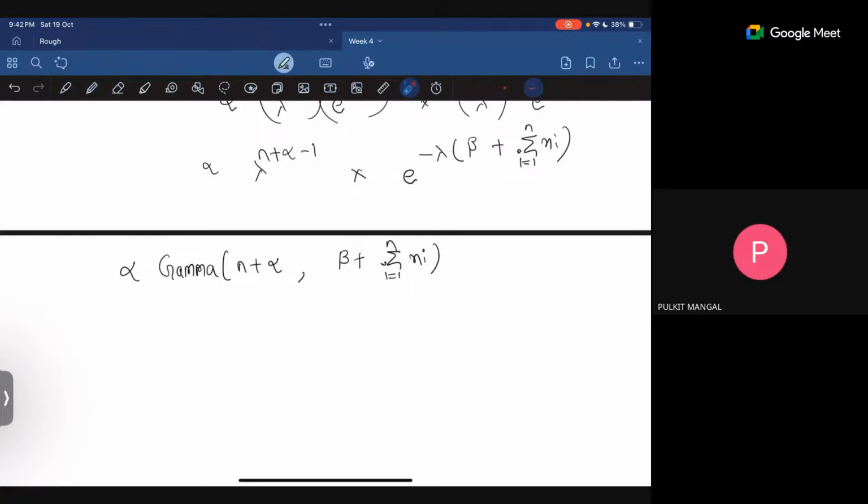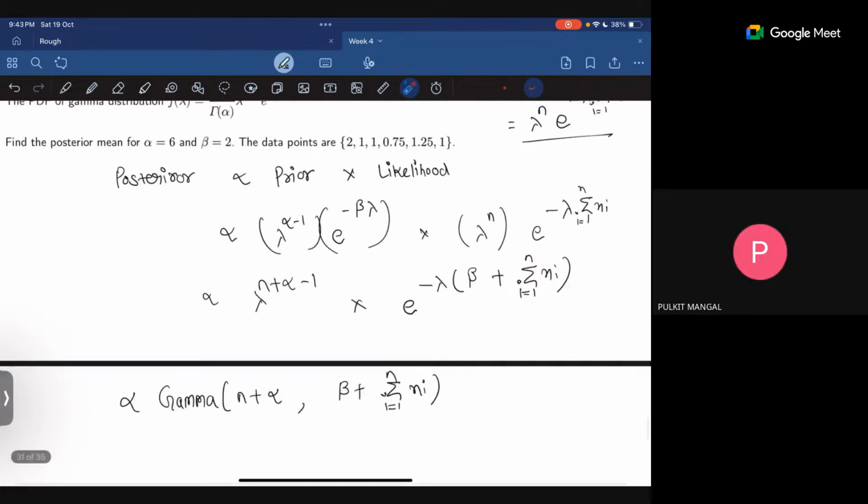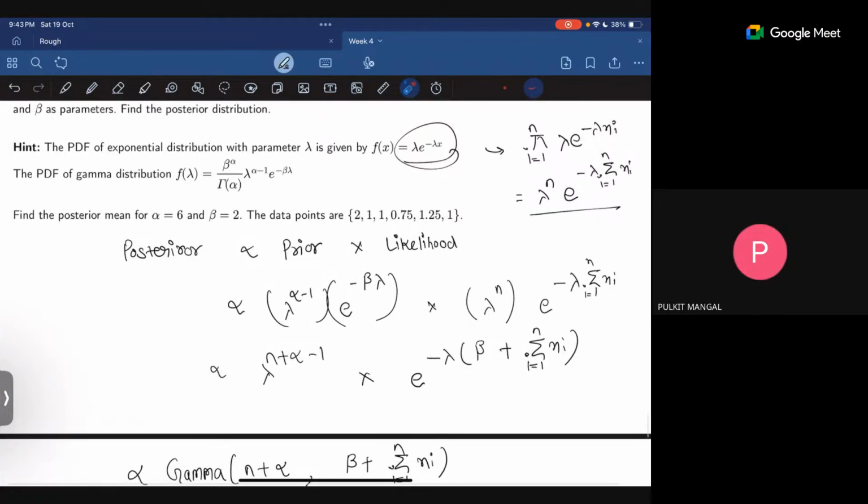Anybody has any doubt about the posterior distribution? So usually for gamma, we just consider alpha and beta as parameters, right? Yes. But you have written here n plus alpha. Here, the alpha and beta are the parameters of the gamma, and the variable that it is taking is lambda.